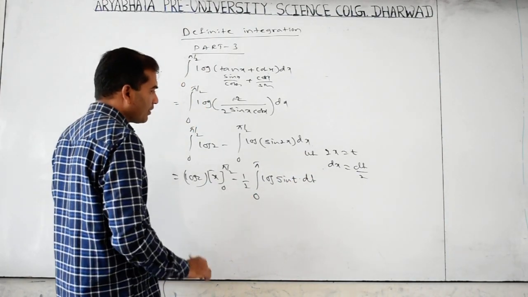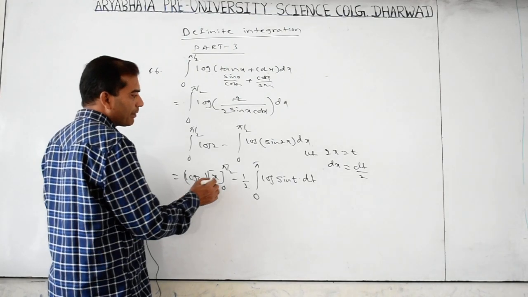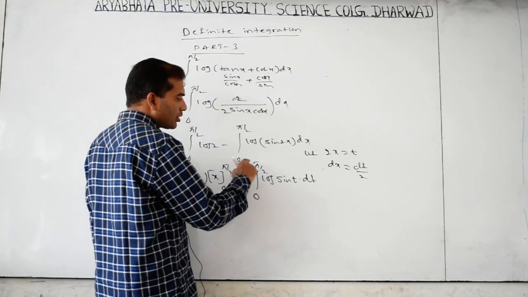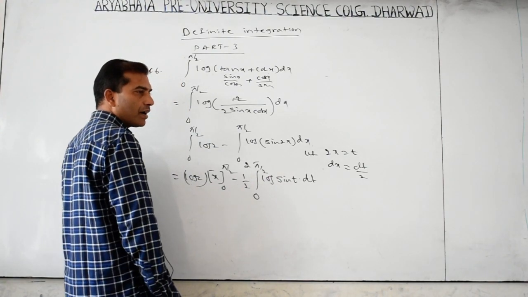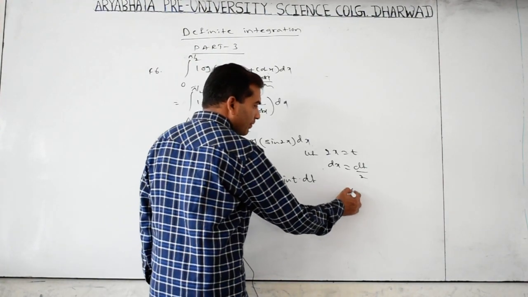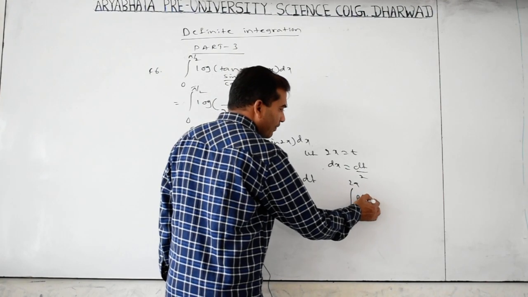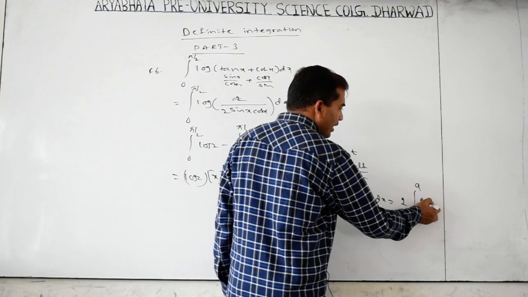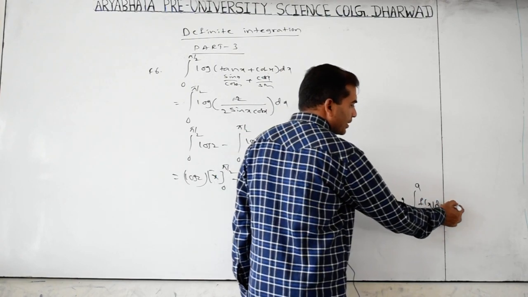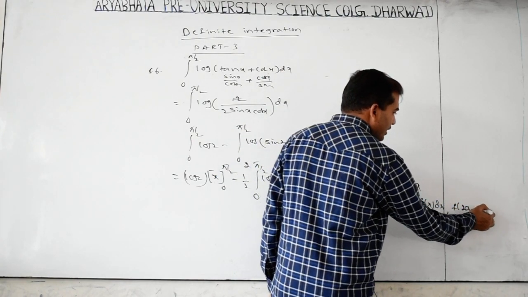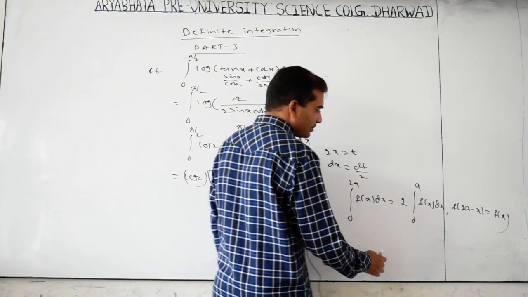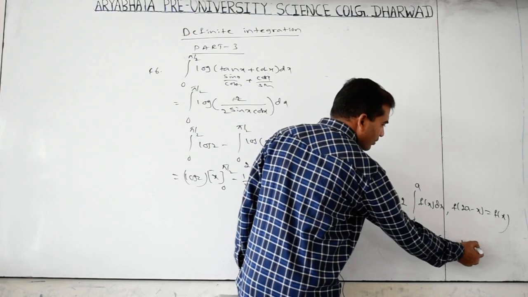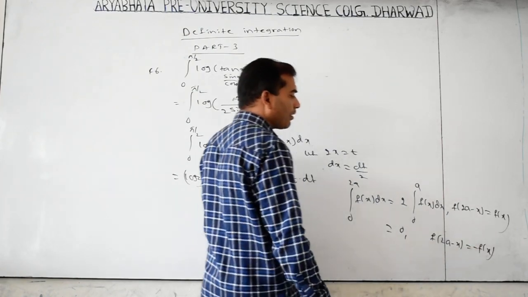This is in the form of the 0 to 2a property. The integral from 0 to 2a of f of x dx equals 2 into the integral from 0 to a of f of x dx when f of 2a minus x equals f of x, and it is 0 if f of 2a minus x equals minus f of x.